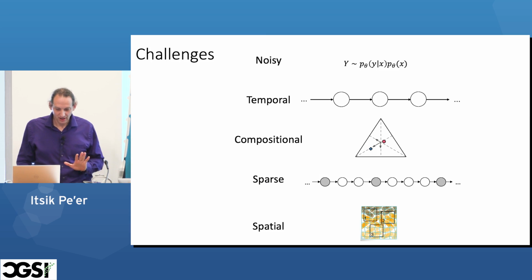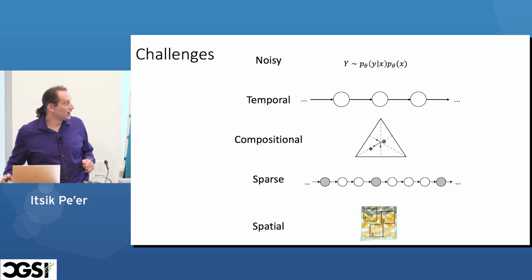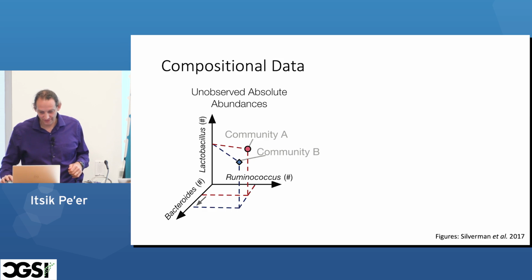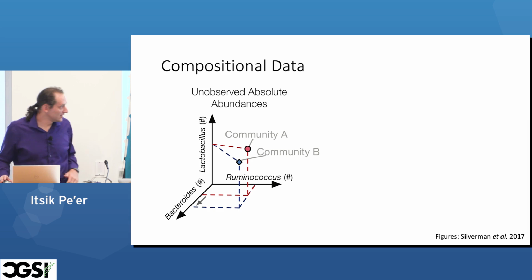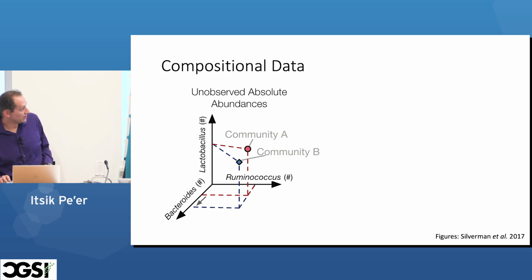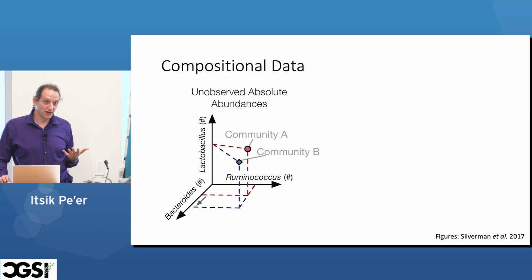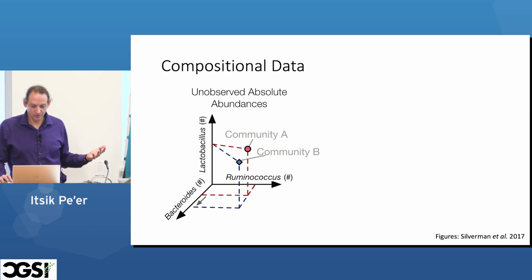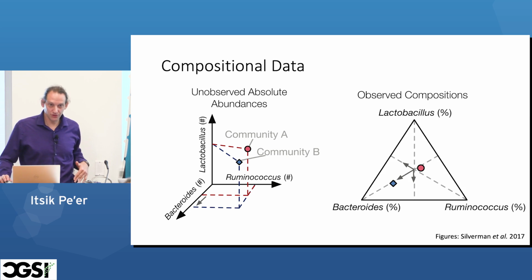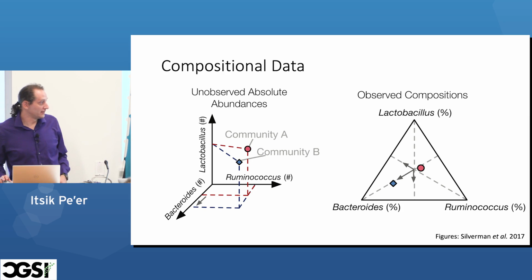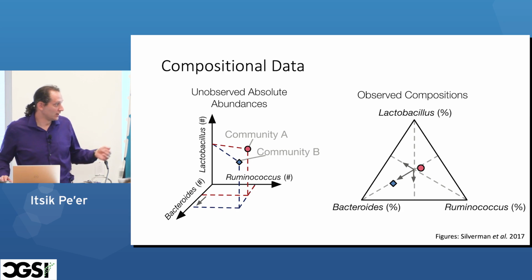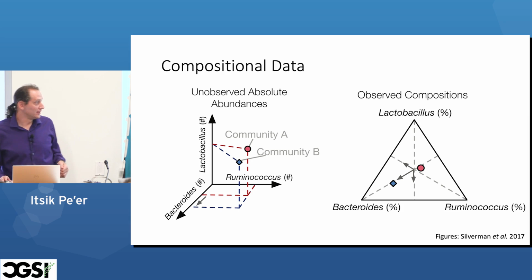is coming alongside dealing with the compositional aspect of the data, the fact that even if you have the data in D dimensions here, D is 3 different phyla, the actual data that we register is compositional, so it's 1 dimension fewer, because we only have fractions of the reads from each of the phyla.